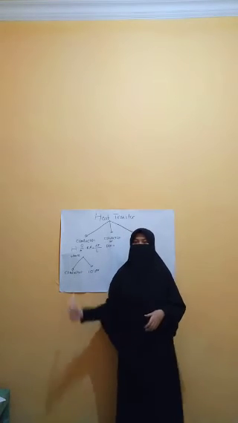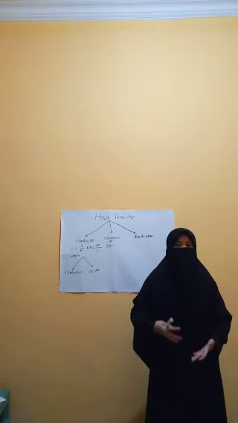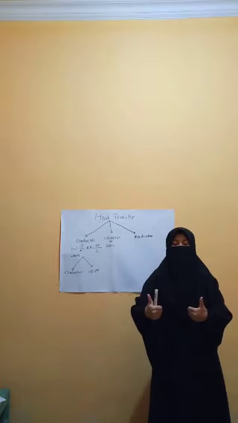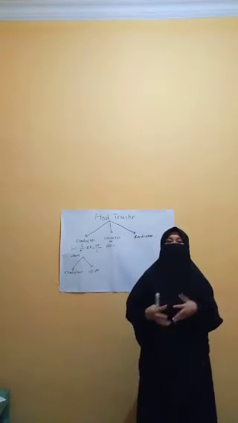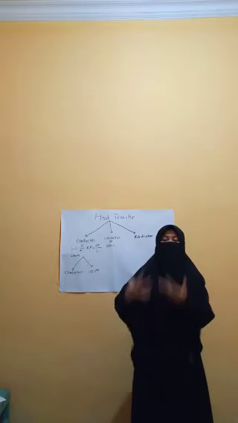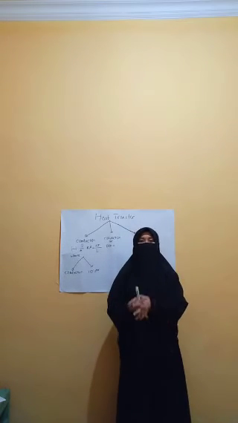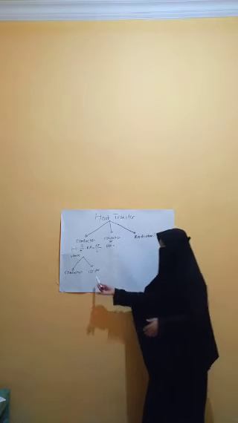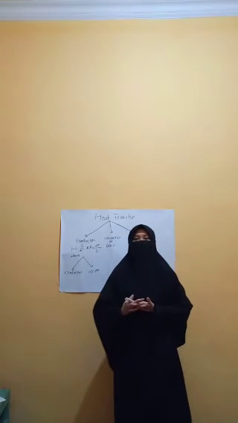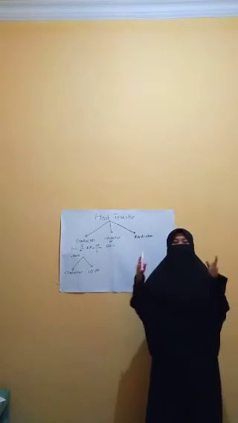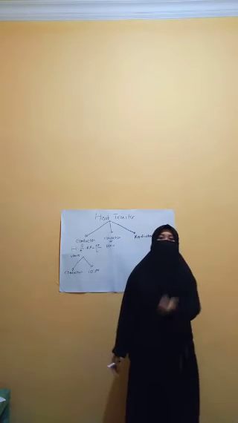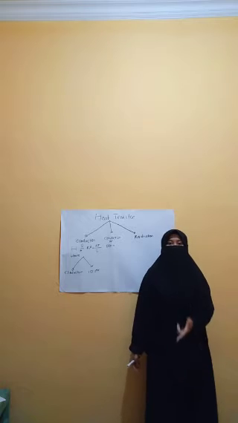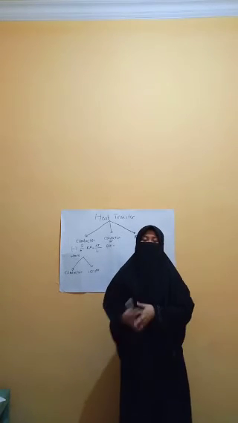A conductor is a substance that has good heat conductivity, for example steel, iron, copper, aluminum, etc. And an isolator is a substance that has poor heat conductivity, for example paper, glass, wood, and plastic.